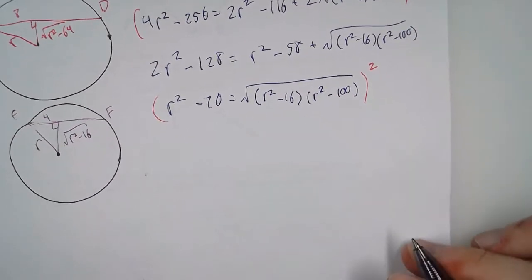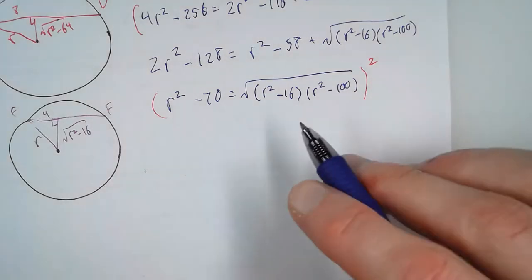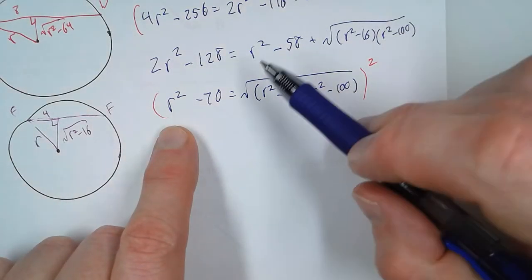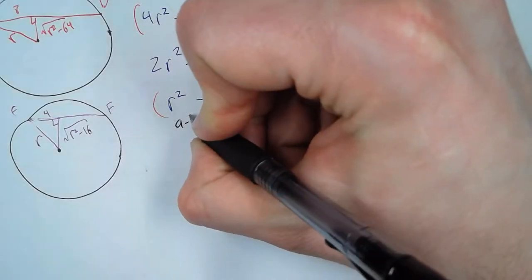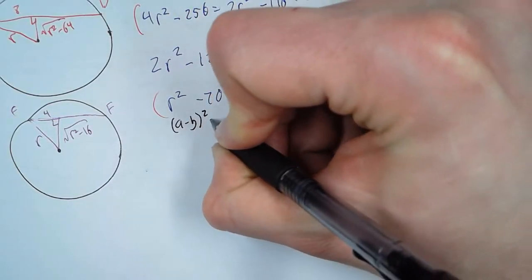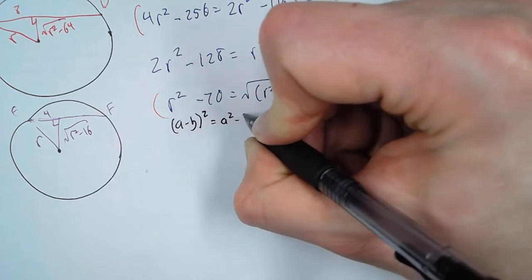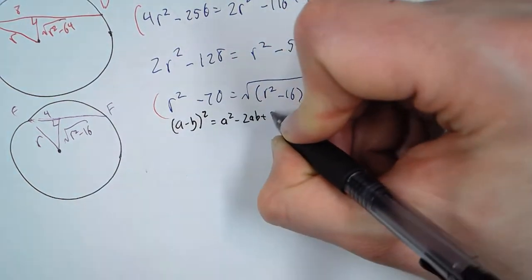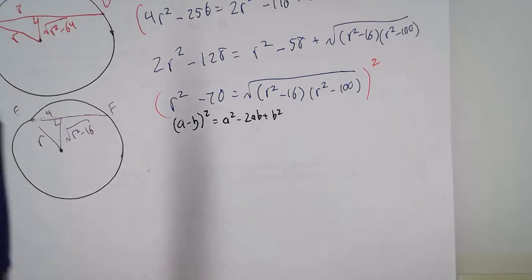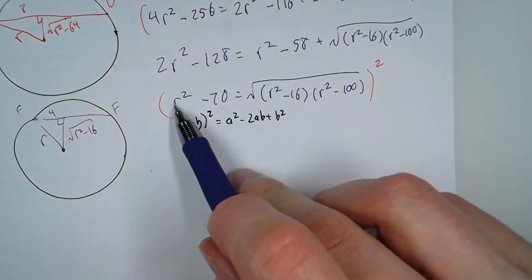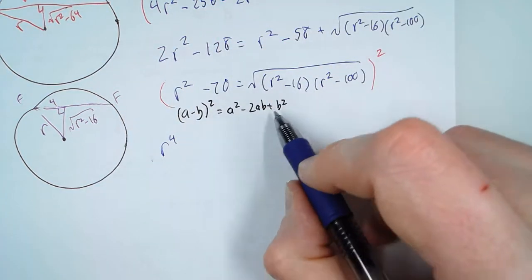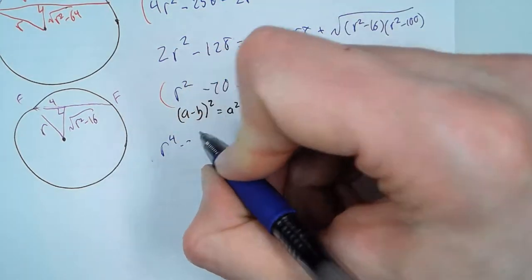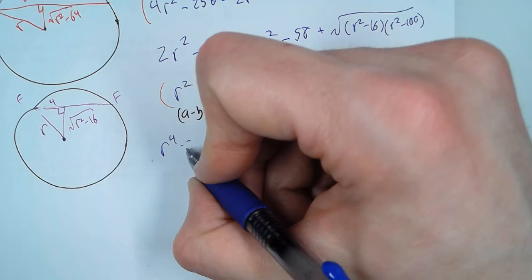So when we do that, now this one, we're going to have to treat that like a difference quantity, like a minus b quantity squared. So that's going to be a squared minus 2ab plus b squared. So if I square a, which is r squared, that's going to be r to the 4th, minus 2ab, minus 2 times negative 70.